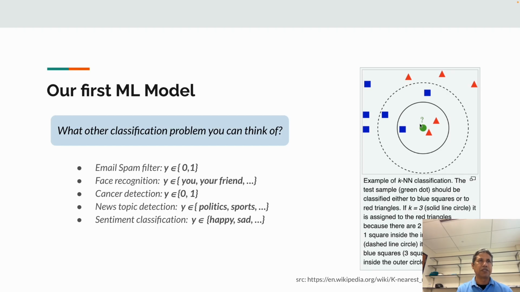This one is two shapes, and then spam filter is spam or not spam. Then sentiment classification is happy, sad, or confused. So in all these cases your y variable has a predefined set of values. This is why we call it a classification problem.